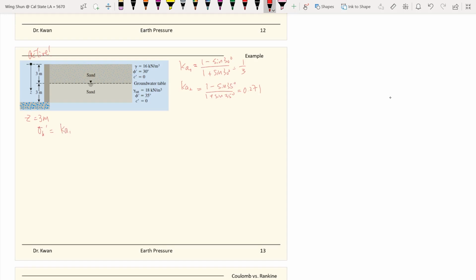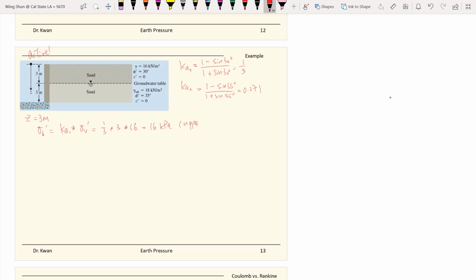Equals the Ka1 times the vertical stress, so equals 1/3 times 3 meters and then times 16 kilopascal. So equals 16 kilopascal. And the other thing is at 3 meters, we also need to consider the lower layer.